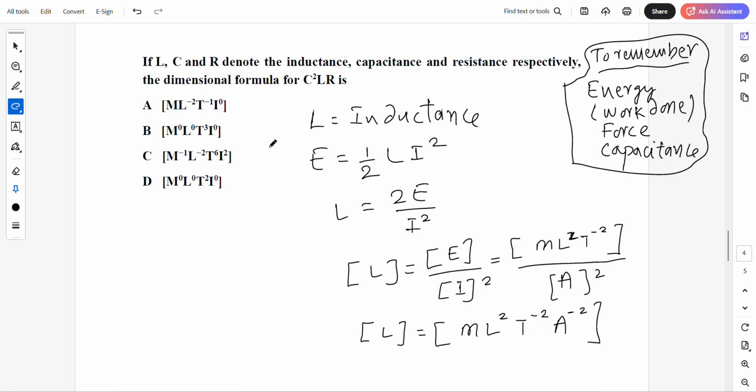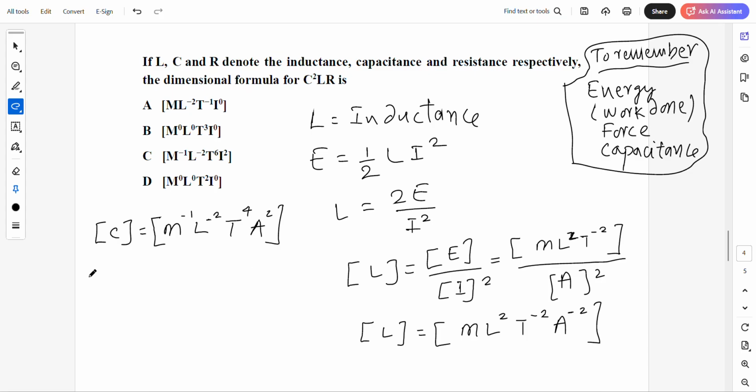Dimensions of C, just now we calculated. I told you to remember. C is equal to how much? M to the power of minus 1, L to the power of minus 2, T to the power of 4 and A square. What are the dimensions of R?